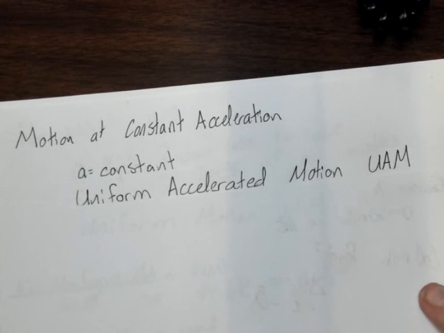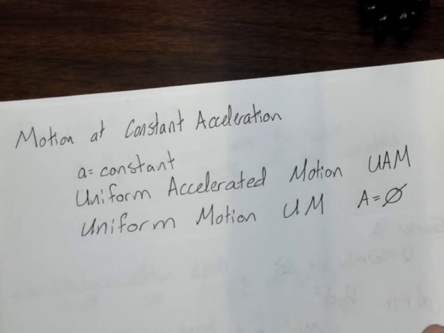When that occurs, we call it uniform accelerated motion. That means that the motion is happening with acceleration that is uniform from point A all the way to point B. From the initial all the way to the final, the acceleration is uniform, constant. That means that the instantaneous and average acceleration are equal to each other the whole time.